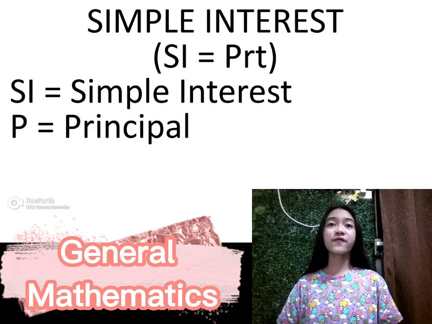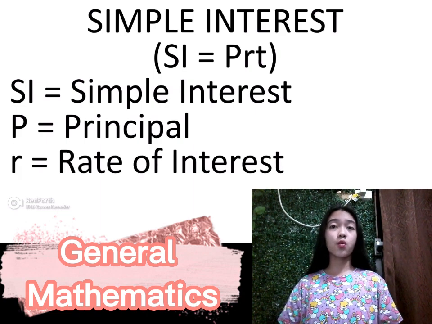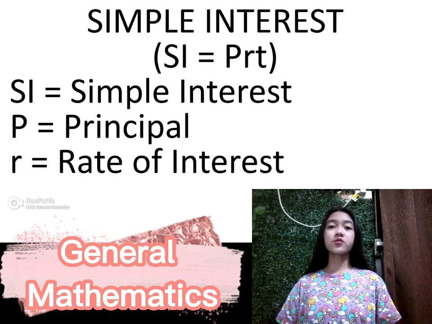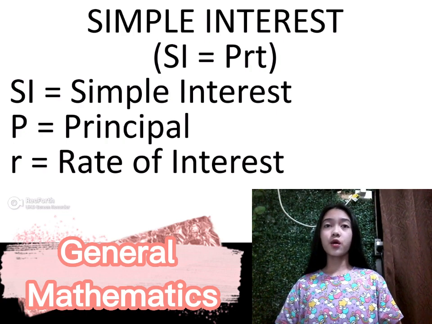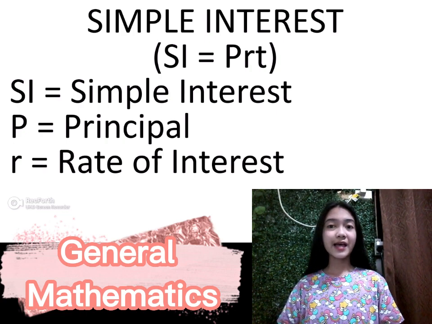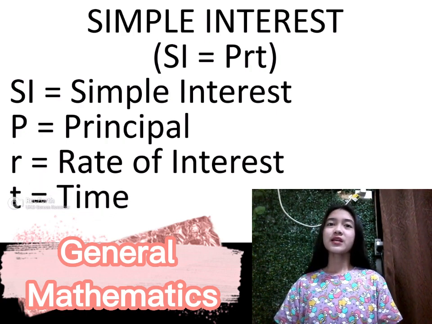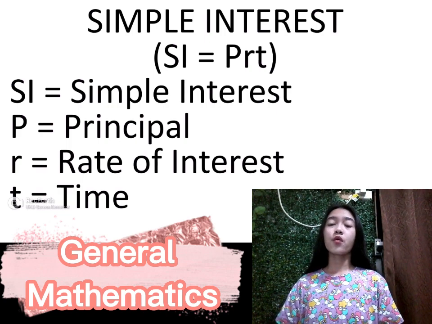R stands for the rate of interest, or the percentage of interest that was being added to the amount you borrowed in a loan. And lastly is the T. T stands for the time, or the length of time in years for which the money is borrowed.